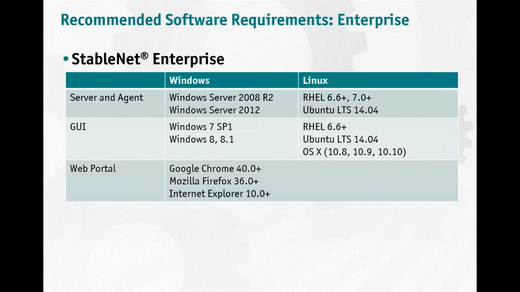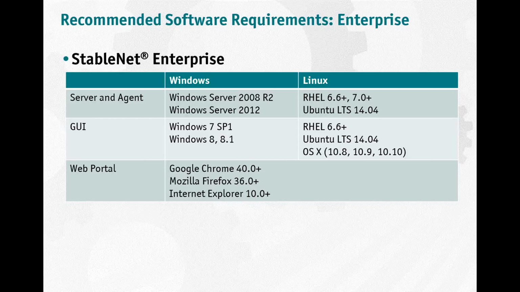As the recommended software requirements, we still support Windows Server 2008 and 2012 for server and agent on Windows side, and on Linux side we support Red Hat Linux on version 6.6 or above and version 7.0 above, or Ubuntu with a version of 14.04.